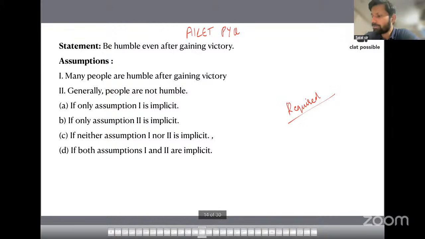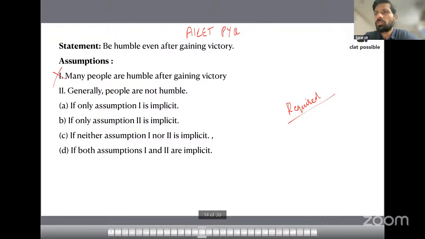Okay, so be humble even after gaining victory. Many people are humble after gaining victory. That's not the assumption. So when a statement like this comes, right, it's more of an advice. Be humble even after gaining victory.